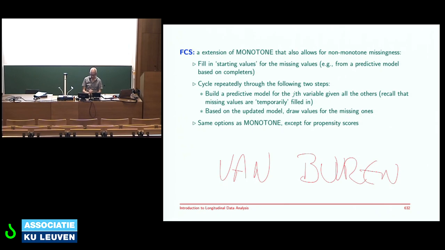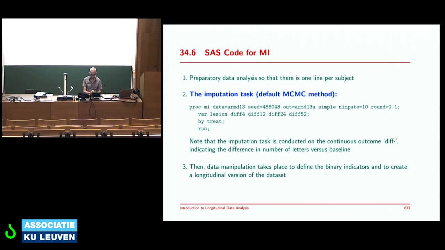So you draw, in other words, values repeatedly until you have a sufficient number of cycles. The options you can use are the same as in the monotone case, but the propensity score method doesn't work. Okay. With that in mind, let's take a look at the SAS code for multiple imputation.